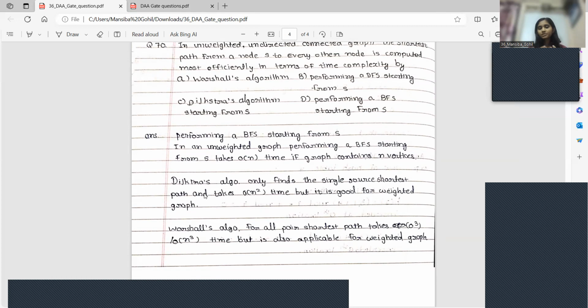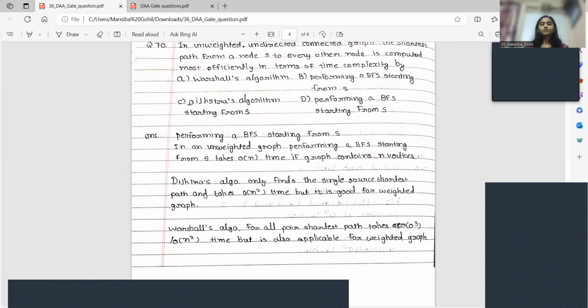We will be performing different kinds of methods that we have been given and analyzing them. Performing a BFS starting from S in an unweighted graph takes O of n time if the graph contains n vertices. So this is the time complexity that we have for BFS.